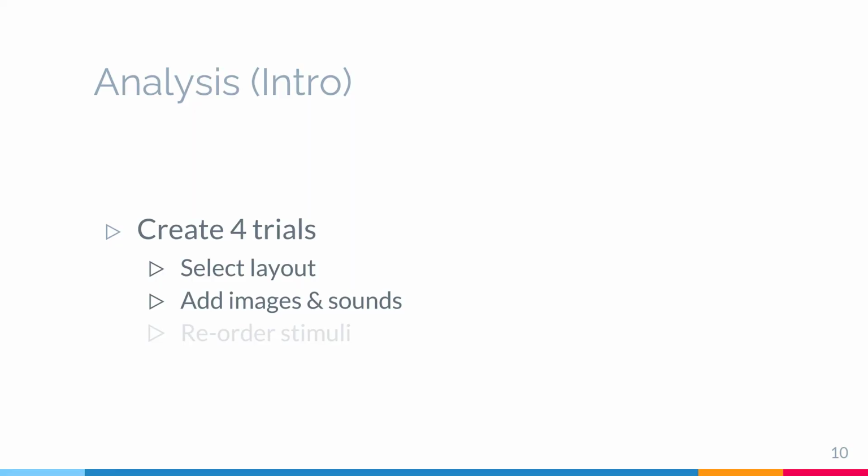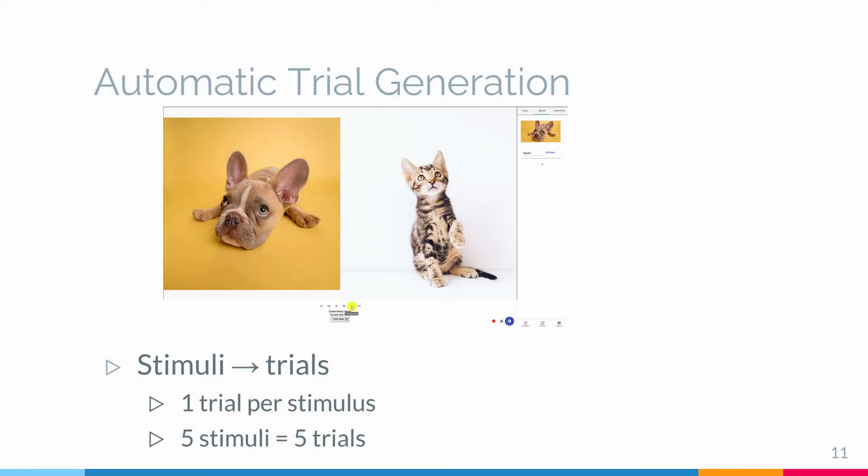Next is adding media. By default, when you upload a set of stimuli, Experimaker will automatically generate trials. The number of trials is derived from the number of stimuli.